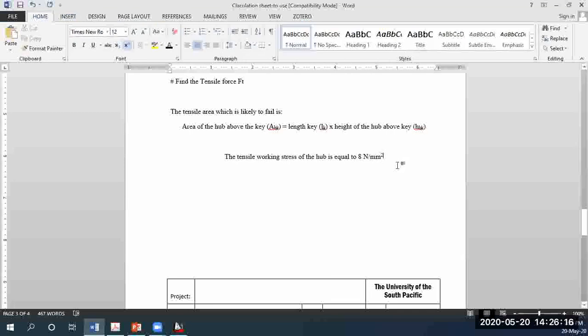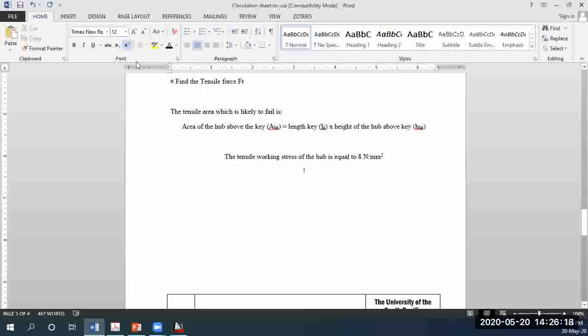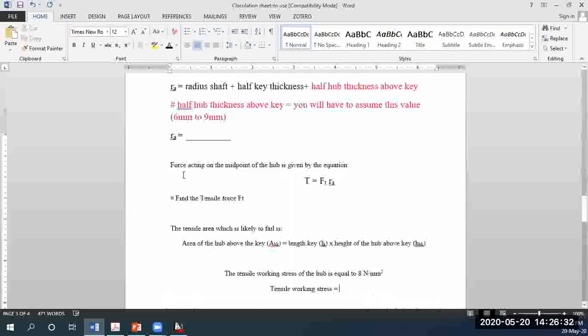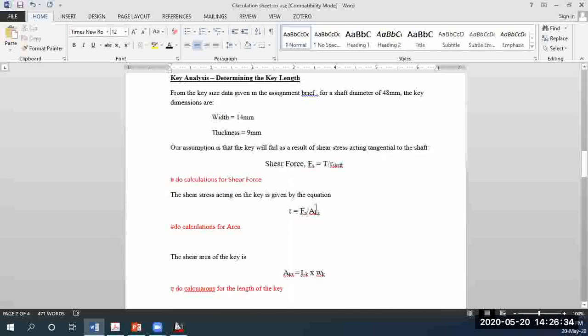Right, so now moving ahead. What we're going to do now is the tensile working stress... I'm not able to find its symbol, is equal to. What did we say about the key analysis? Stress is equal to force over the area.